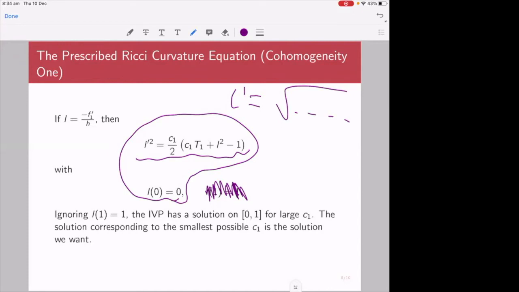What's important to note is that the absolute value of the right-hand side is actually controlled by C1. Let's say it's controlled in terms of some constant times C1 times the absolute value of L. So the right-hand side has at most linear growth. And so that means we're always going to be guaranteed a solution to this problem, provided C1 is large enough.